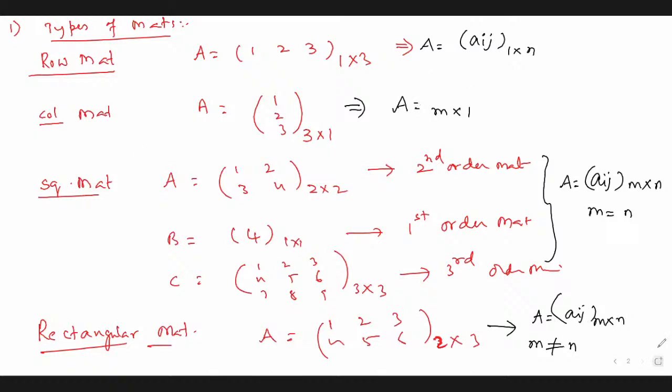Okay, let me go to the next page. Now, what is called principal diagonal in a square matrix? Suppose capital A is a square matrix, 1, 2, 3, 4, 0, 5, 0, 0, 6.